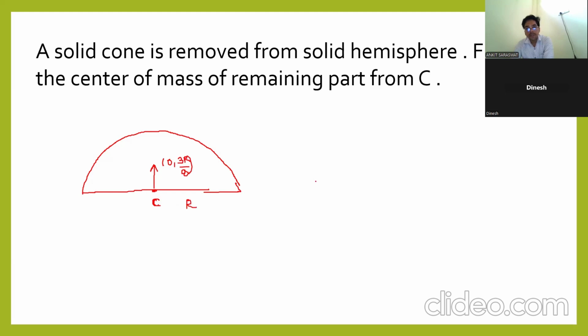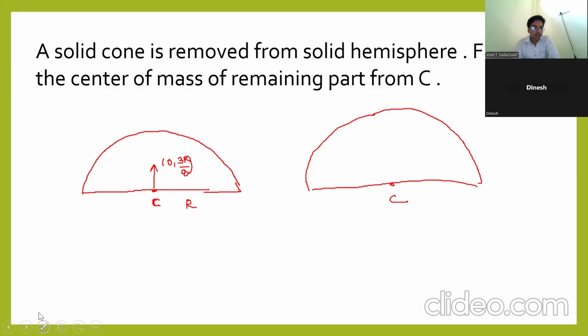Radius is r. Again I will draw this solid hemisphere. The center is here. From this solid hemisphere, we just cut a cone. A solid cone is removed. So how are they removing it? They have mentioned a figure like this. They cut the portion like this.